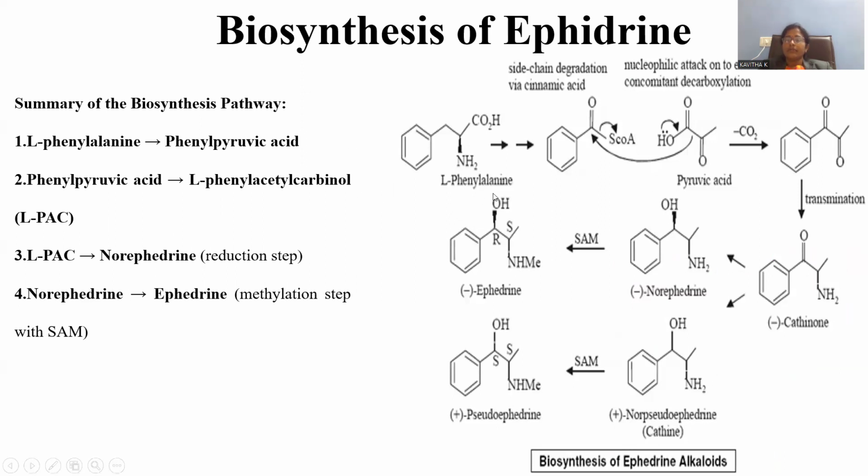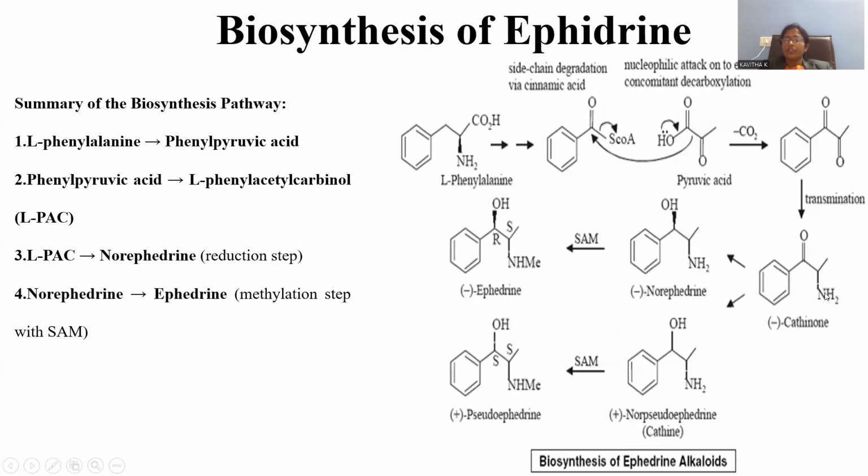L-phenylalanine was taken. L-phenylalanine is subjected to protecting this amino functional group. Later on, we will achieve the pyruvic acid. Pyruvic acid is subjected to decarboxylation. The decarboxylated material undergoes transamination, so that we get an NH2 functional group over there.